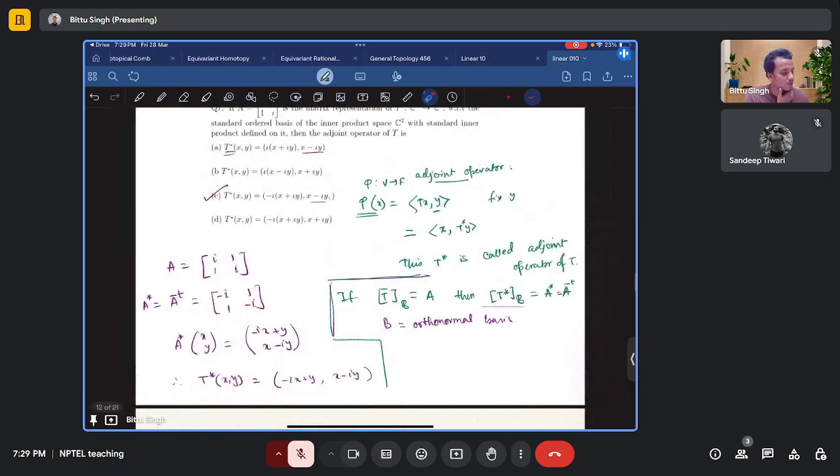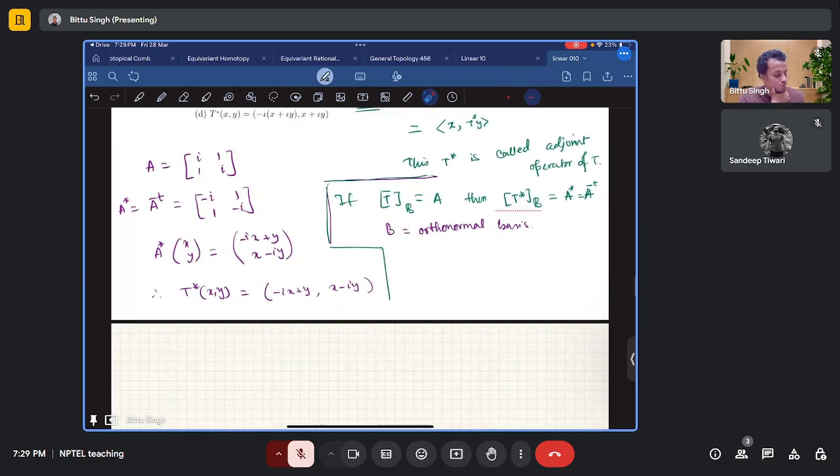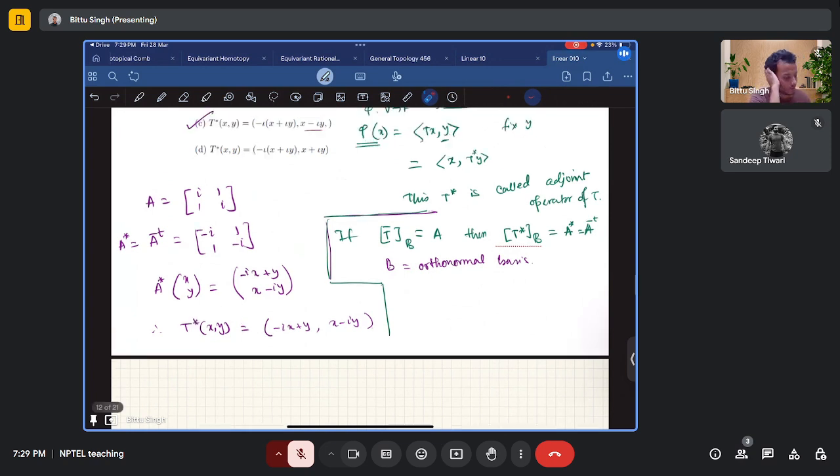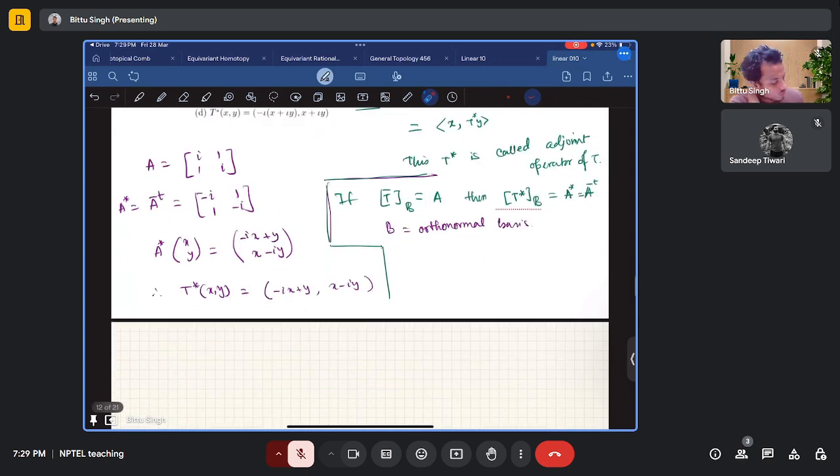Then we need to find T star of (x,y), right? So we know that T star of v, comma w.